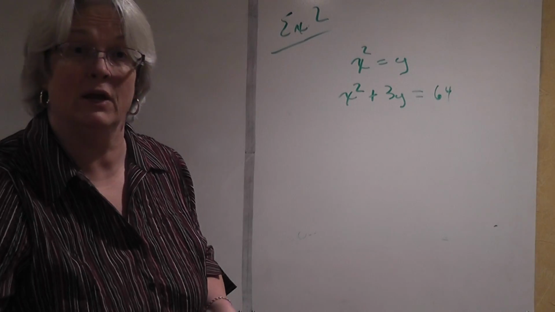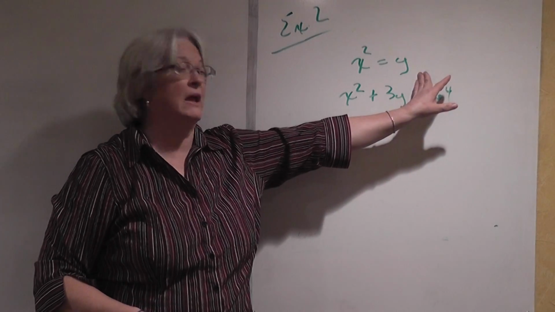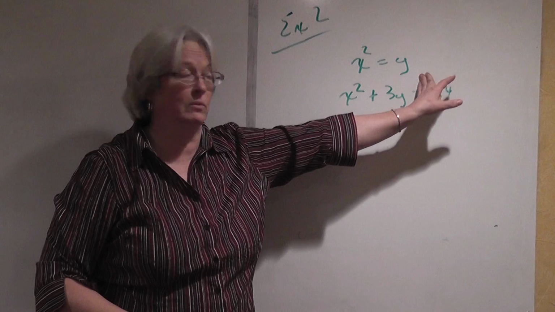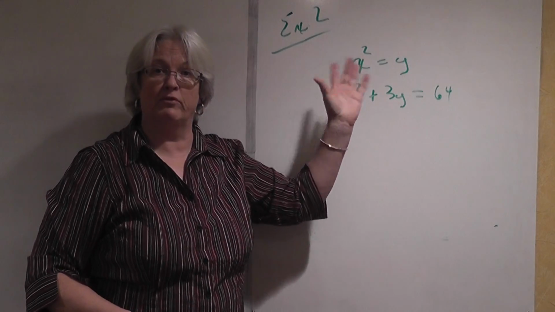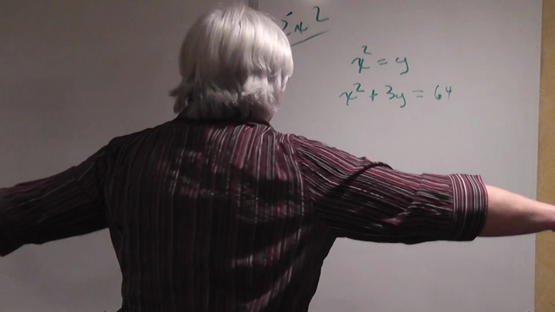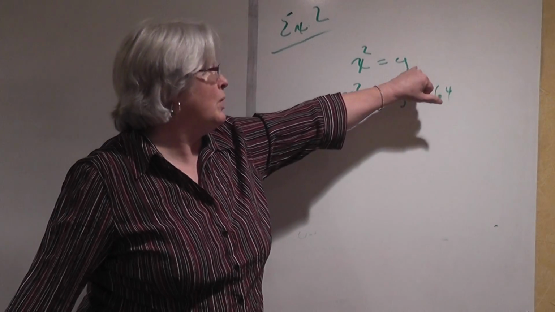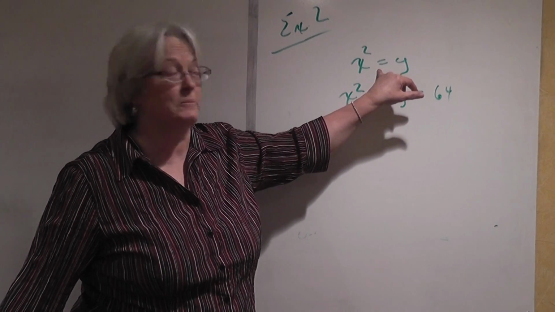All we are doing here is realizing that we've already been given a value for y, haven't we? It's written reversed, but it doesn't matter if you have something that's equal. It doesn't matter if you read it left to right or right to left. So y is equal to x squared.